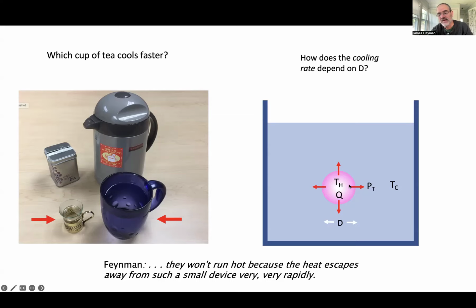Heat is transferred from the hot object to the cool bath because the hot object is hotter. It has temperature TH and the bath has temperature TC. And so heat transfers and the object cools down. And what we'd like to find is how the time for this process to occur depends on the size of the object, or the characteristic dimension, D. So that's the problem we're going to look at.